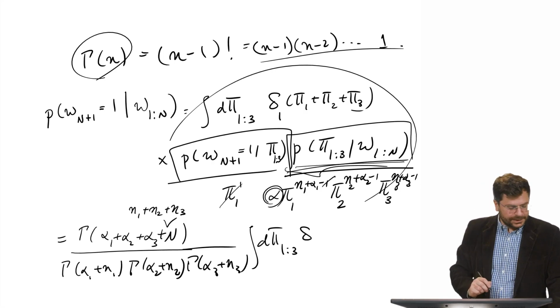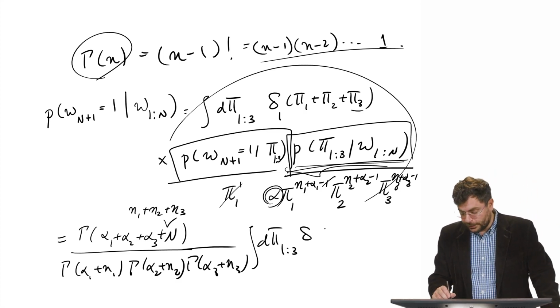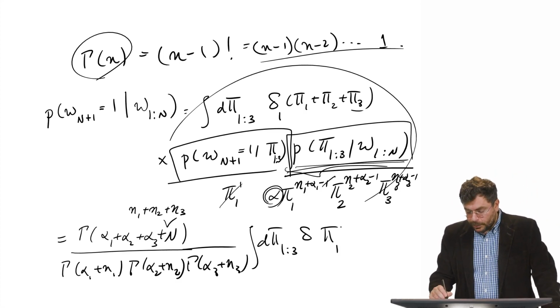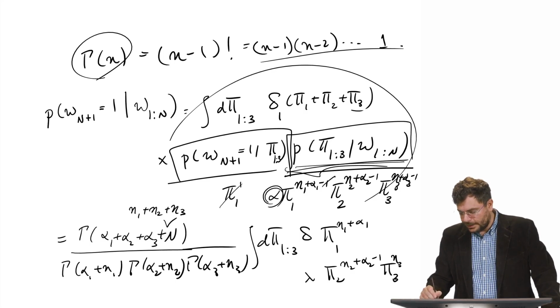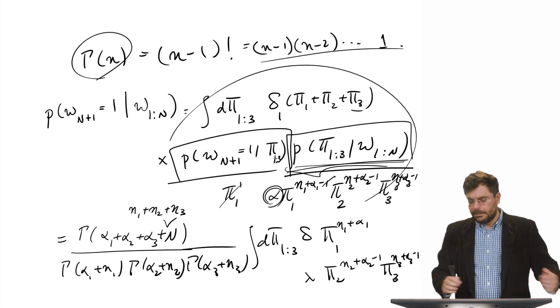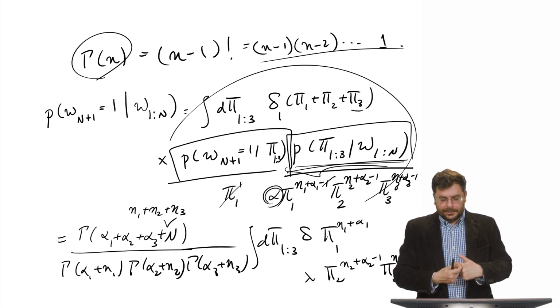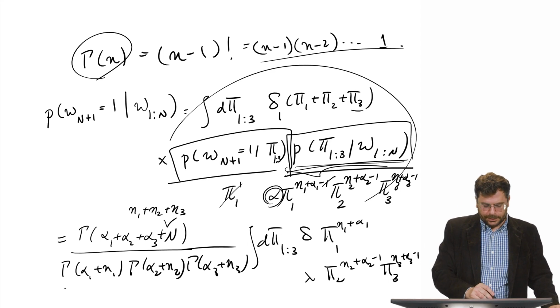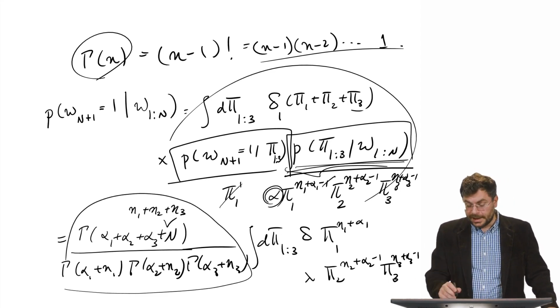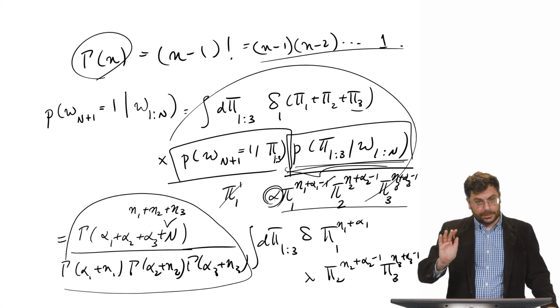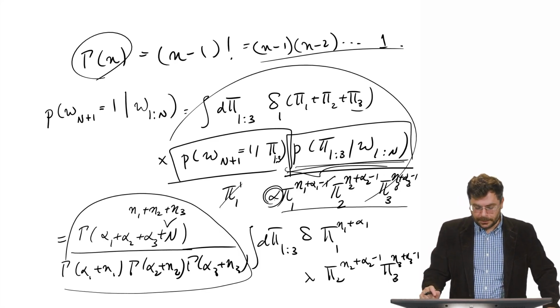I still have my delta function that I won't write in full. And I have my pi 1 raised to the n1 plus alpha 1, multiplied by pi 2 raised to the n2 plus alpha 2 minus 1, and pi 3 raised to the n3 plus alpha 3 minus 1. Now, let's ask about this normalization constant. Where did that come from? Well, I normalized my posterior, and my posterior is a Dirichlet distribution.